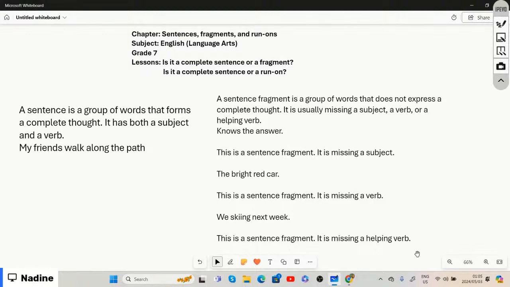And if we focus on our lessons for today, it's: is it a complete sentence or a fragment, or is it a complete sentence or a run-on? So we are going to focus on those lessons under the chapter of sentences, fragments, and run-ons.